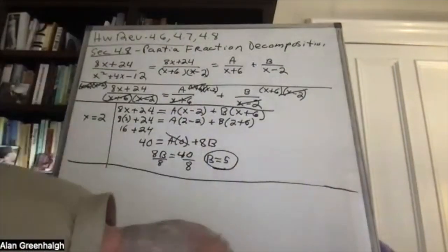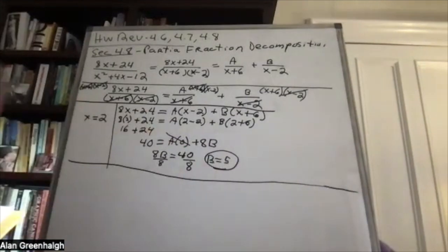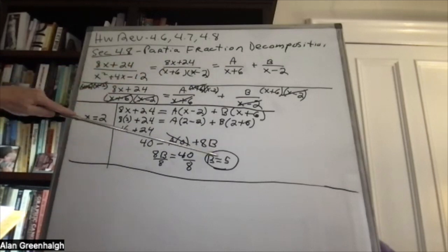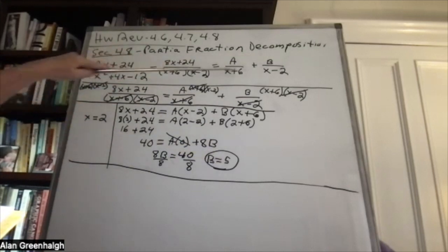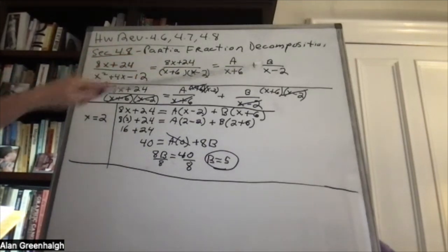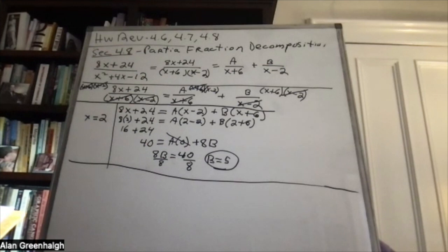So again, refreshing, what I did was to let x equal 2. And that gave us the 0 and caused the a to drop out, permitting us to figure out what b is equal to. You can now practically go back to the original fraction and put the 5 up there and put 5 over x minus 2, but we usually wait until the end.